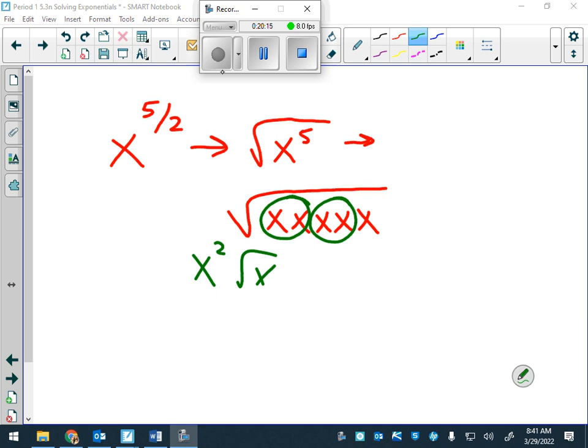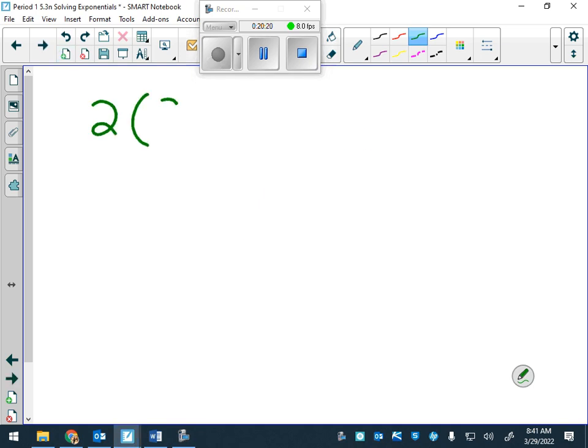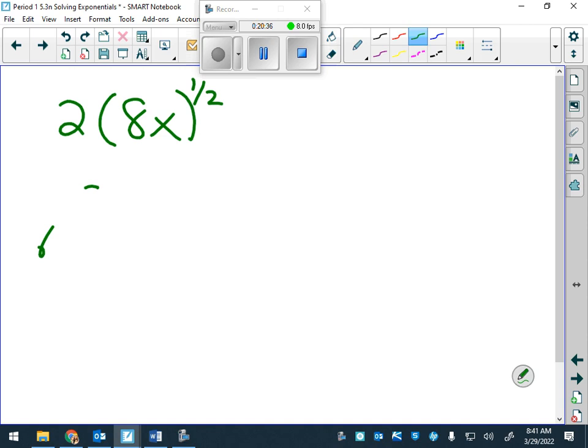There is another one, just so you see what you're getting into. You have 2 on the outside. Then how do I rewrite 8x to the 1/2? What does that mean? Yeah, Tyler. Yep. Times square root of 8x. Okay. Now the 2's already on the outside. Can I simplify the square root of 8x?